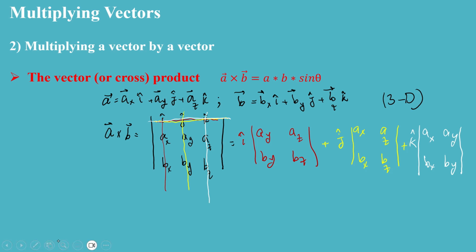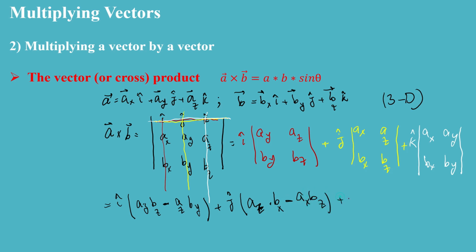So now I can say my i is going to be ay times bz minus az times by, plus j is going to be ax, az times bx minus ax, bz, and the last one is going to be k, ax times by minus ay, bx.